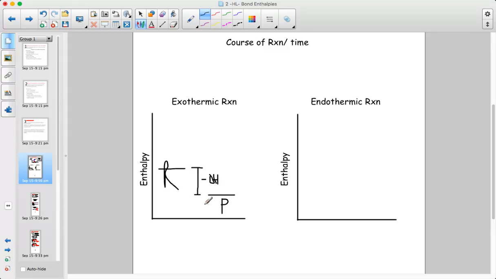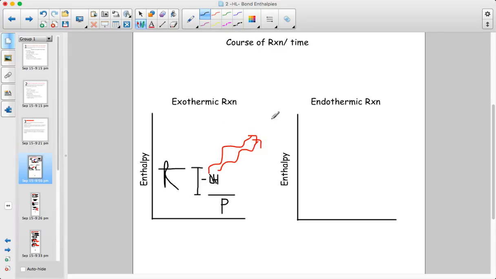Your reactants have more stored energy than your products. And so net, you end up releasing energy to the surroundings. There's a bunch of energy in here. The products have less energy inside them. We know that energy can't disappear, so where does it go? It leaves as heat, and it goes to the surroundings and makes things feel warm.